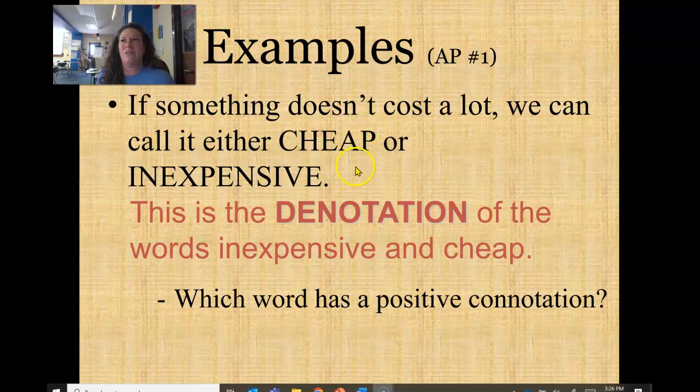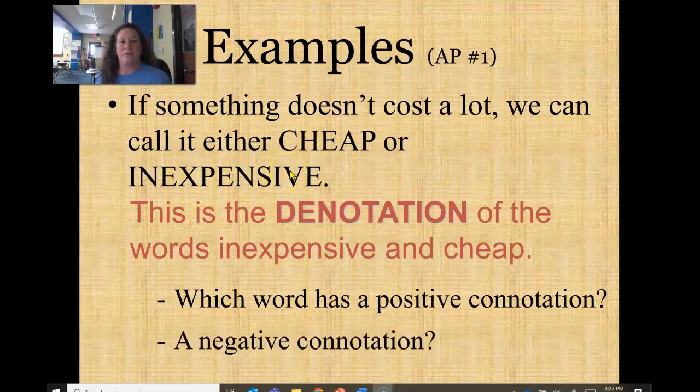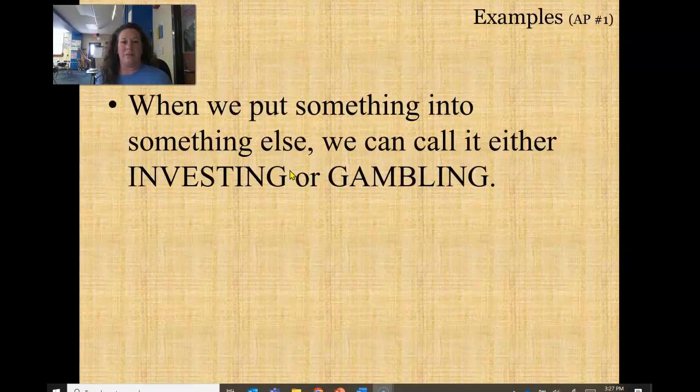So you can tell somebody that, like, oh, your shoes look cheap. That kind of feels insulting, right? But if you say like, oh, I got this and it was so inexpensive, it feels a little bit nicer, right? So inexpensive has more of a positive feel to it, and cheap has kind of a negative feel to it. So let's look at the next example.